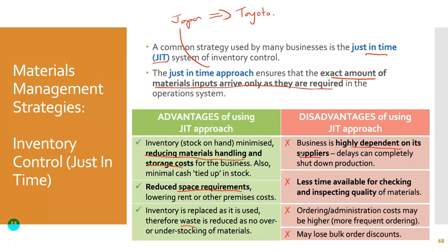So if they are delayed, it can completely shut down production. It can mean there is less time available for checking and inspecting the quality of your inputs because they are needed straight away. So you need a high amount of trust and good relationships with your suppliers. Doing this regular batch ordering can mean there are higher costs for admin, and you may lose bulk order discounts.